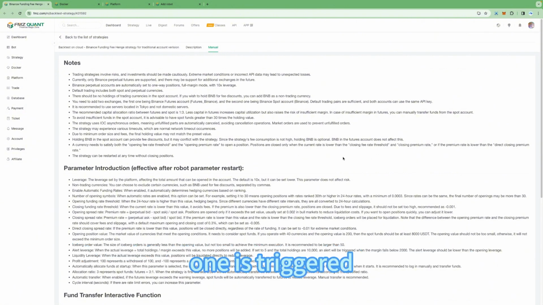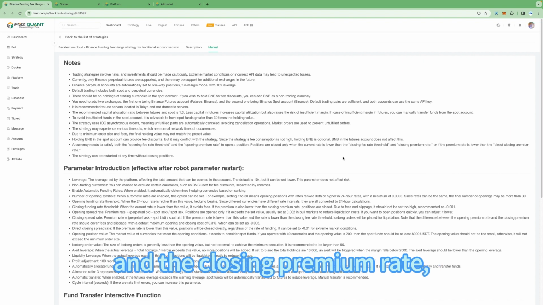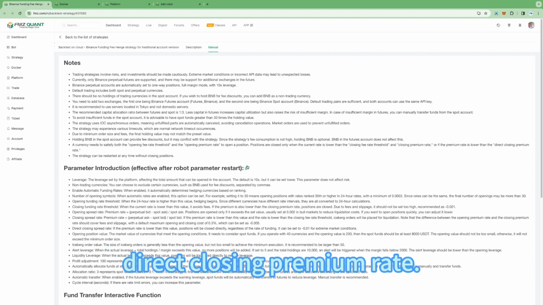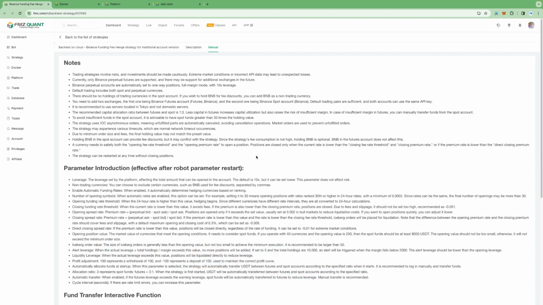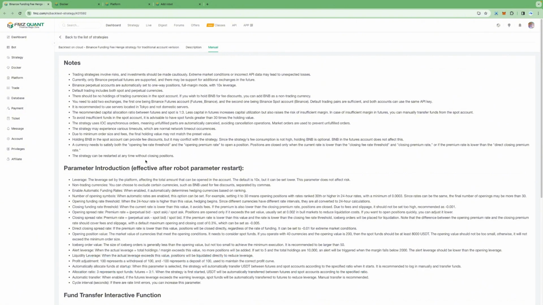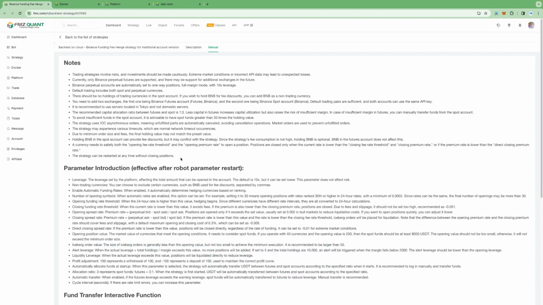One is triggered by both the closing funding rate and the closing premium rate, and the other is triggered by the mandatory direct closing premium rate. The strategy can be restarted at any time without closing positions or clearing all positions when the strategy is stopped.